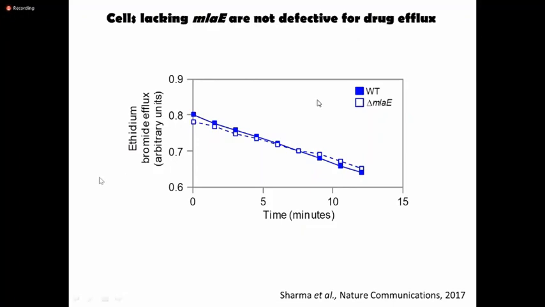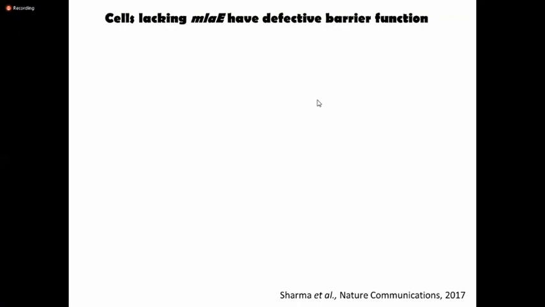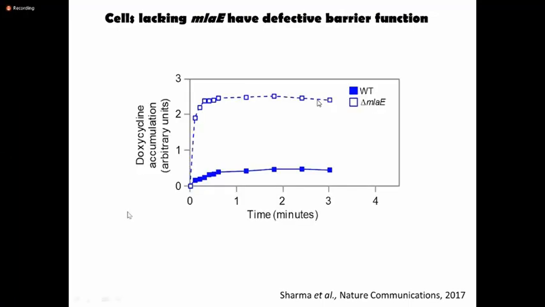Finally, we did an accumulation assay. We did a doxycycline accumulation assay, doxycycline being a type of tetracycline. You can see here that the wild type cells are not able to accumulate the antibiotic.